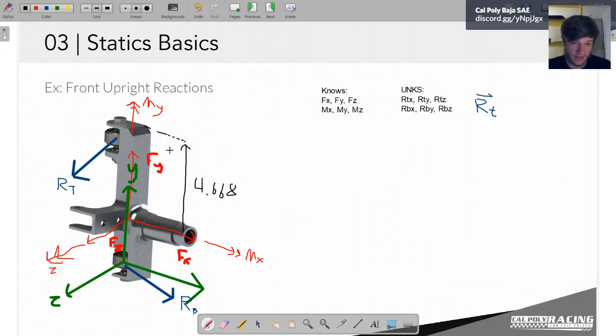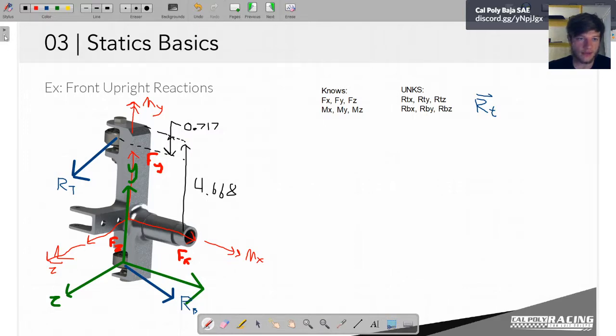And the distance between the top and the center of this spherical bearing, so this distance here, is 0.717. All right, so now we should have enough information to do all of our calculations.